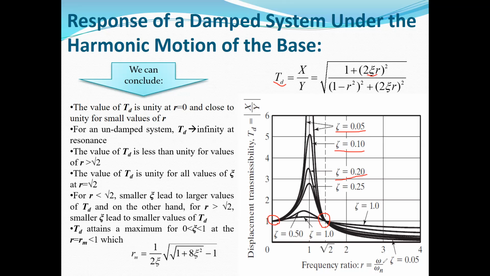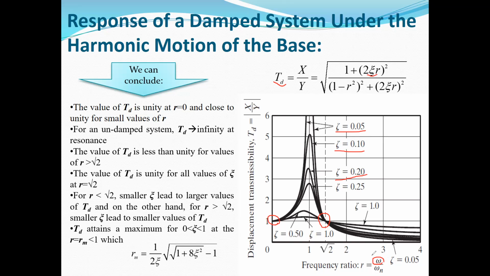The frequency omega, or the frequency of the excitation, is directly related to the speed of your car. I mean, by changing the speed of your car, you can change the frequency of the base excitation.